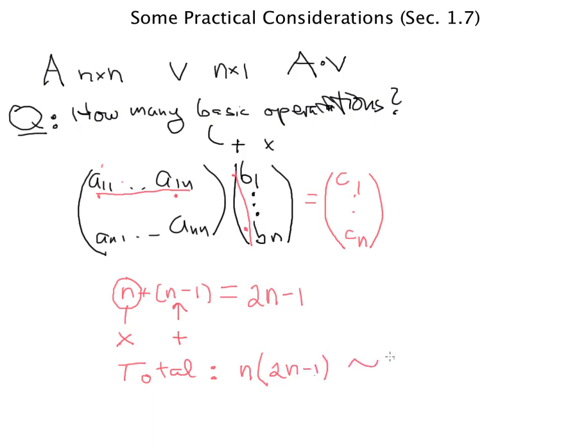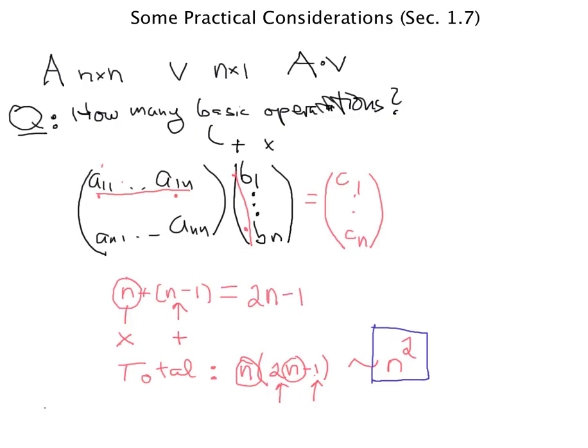And what you really care about is neither the 2 nor the 1 so much. The main point is what's the power of n. The highest power of n which occurs is n squared. And whenever you're talking about estimates of computations, the most basic question is, what's the power of n? And the higher the power of n, the worse it is. And this isn't too bad. N squared is the power.